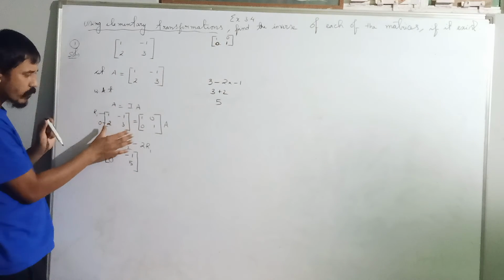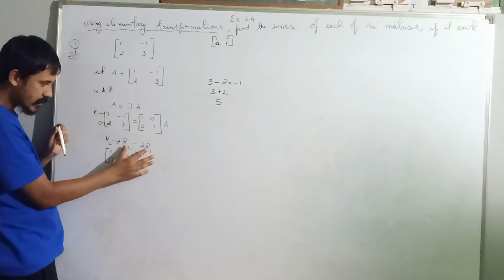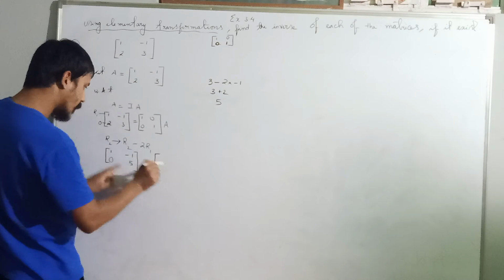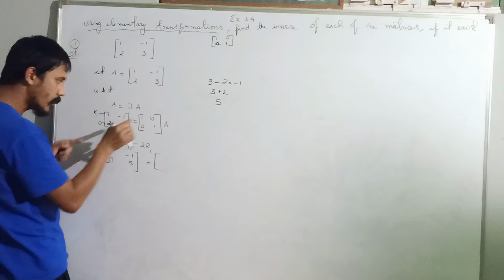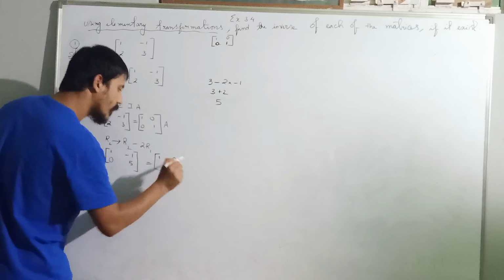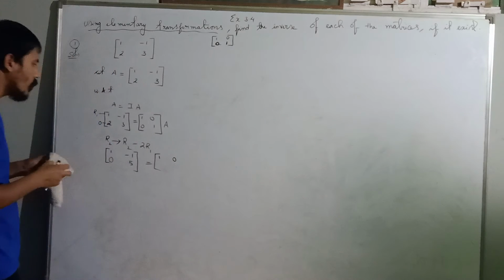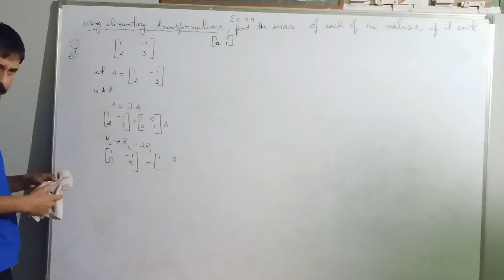We have to apply the same transformation to the other elements using the same operation. There is no transformation in R1, right? Only for R2. So the elements of row 1 we keep as they are. Each element of row 2 will undergo transformation using this operation.